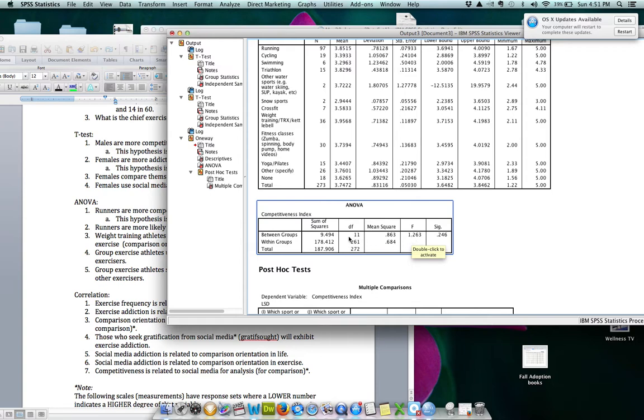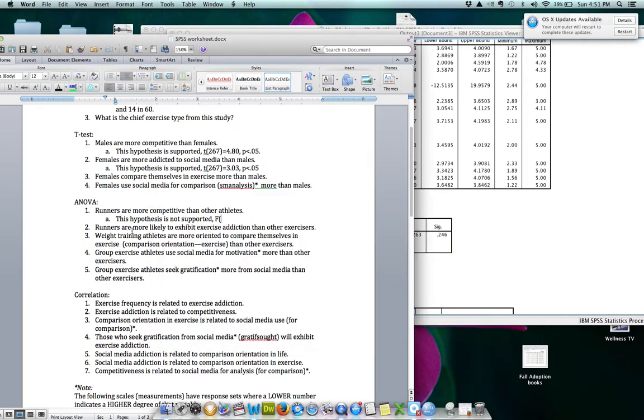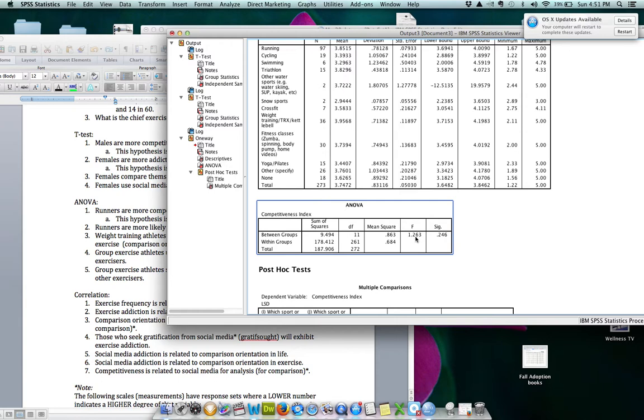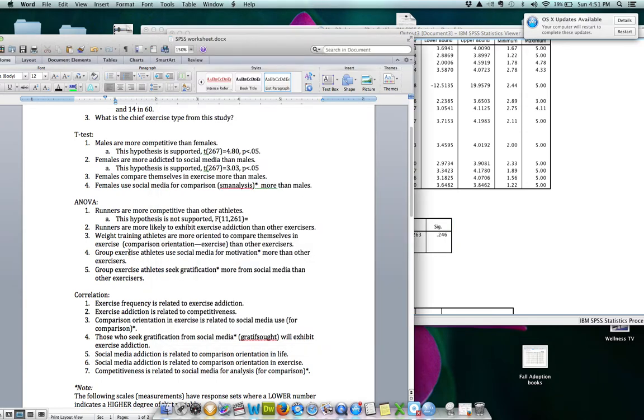There's two numbers, 11 and 261. F(11, 261) equals 1.26, and p is going to be greater than 0.05. All right? So let's go to our second one.